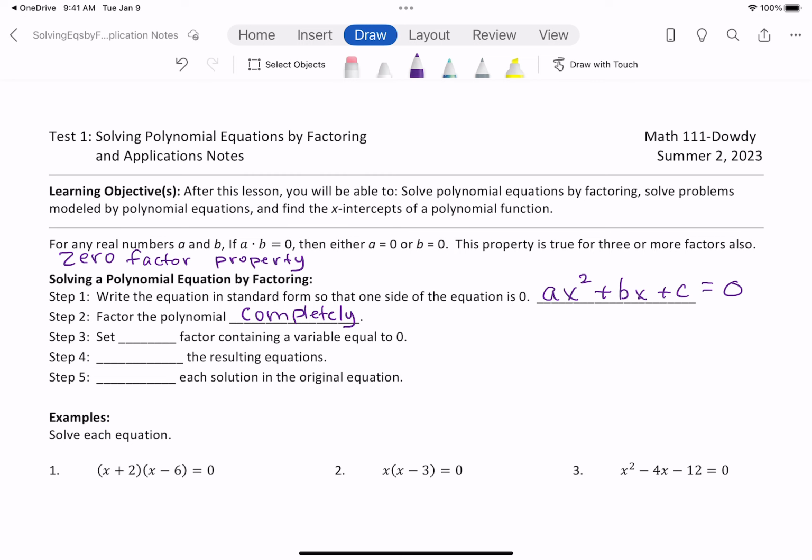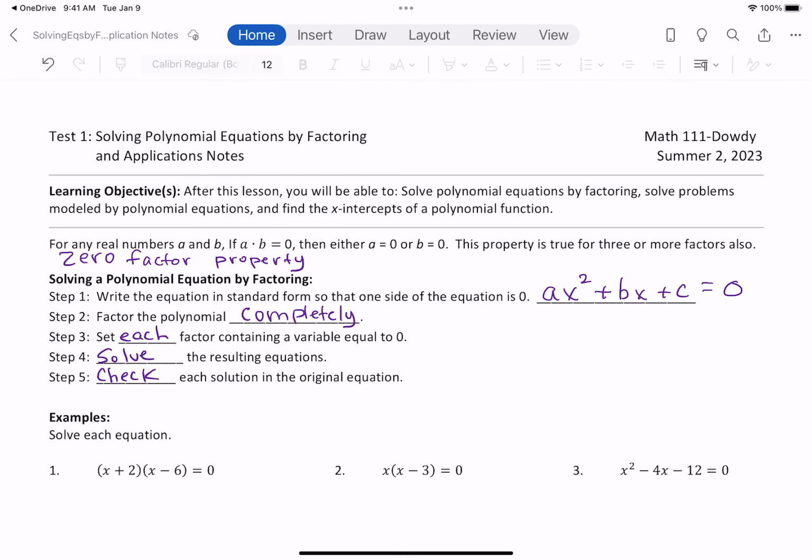And of course, what we have to do to factor the polynomial will depend on what we're given. Then we're going to set each factor that is containing a variable equal to 0, and then solve the resulting equations. And then the last thing is to check each of the solutions in the original equation to make sure that they work.